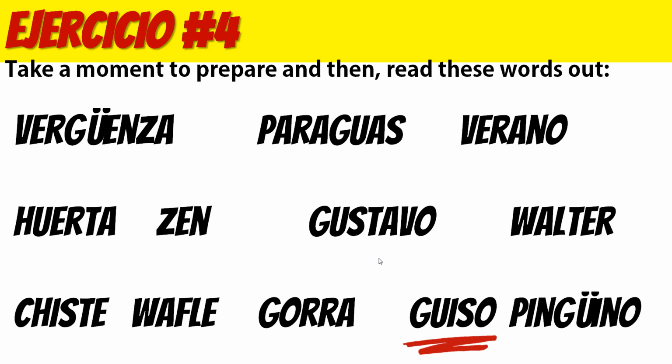Guiso. Pingüino. Remember, these 2 little dots, diéresis, this means that the U is pronounced in this combination. Zen.